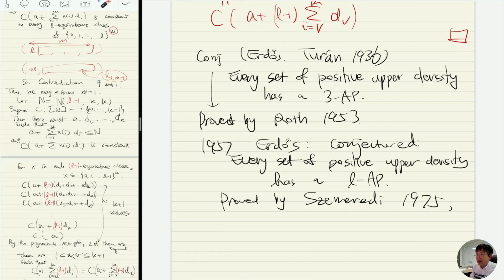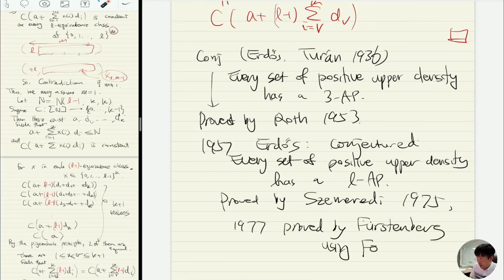Szemerédi's proof was using van der Waerden's theorem and also using a combinatorial method. And then in 1977, it was also proved by Furstenberg, but using the ergodic method. I don't know exactly what it is, but it's a different method, not combinatorial.